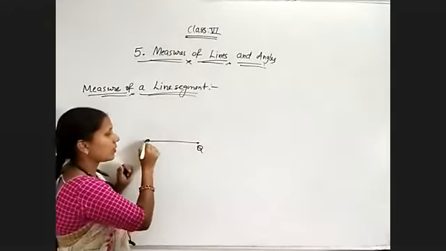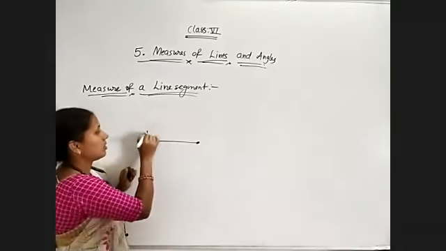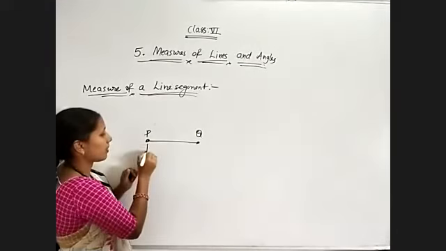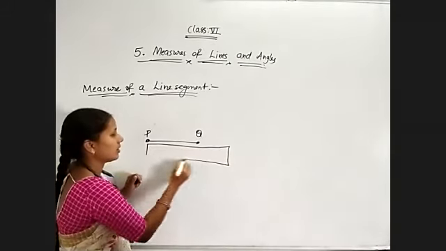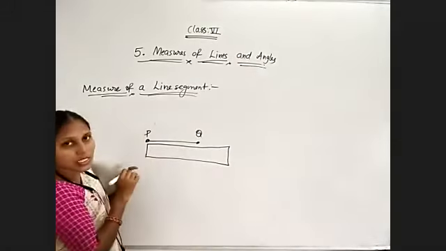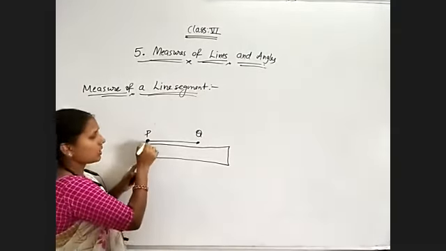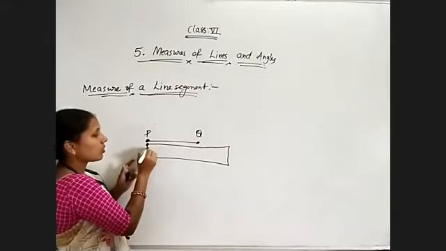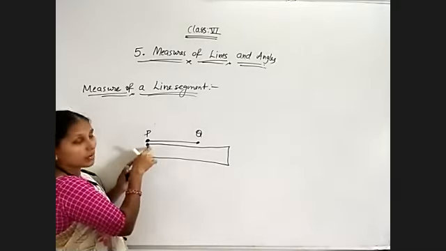So wherever you have the line segment, take your scale and place it exactly below the line segment. Now, as I told you, this one is 0, so wherever 0 is, you must place it.